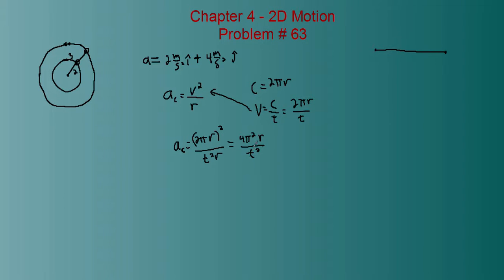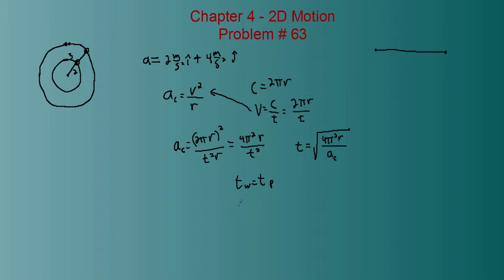So if we solve this for time, this becomes time equals the square root of 4 pi squared r over a centripetal. But the time for the wallet equals the time for the purse.